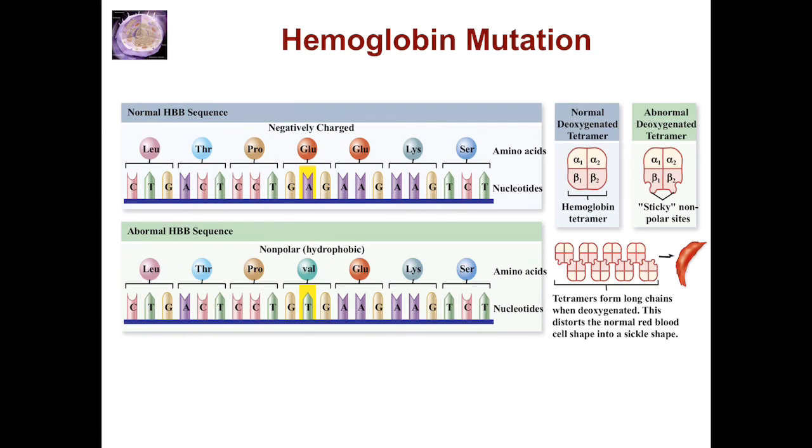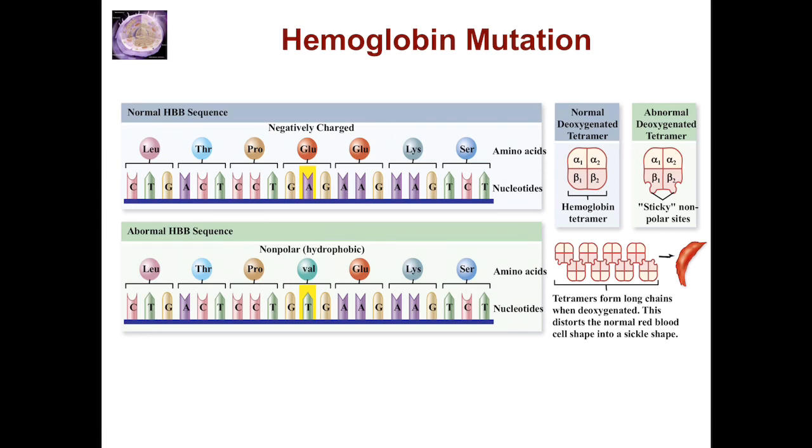And that's a big change because glutamate is a negatively charged, acidic amino acid, and valine is a hydrophobic nonpolar amino acid.